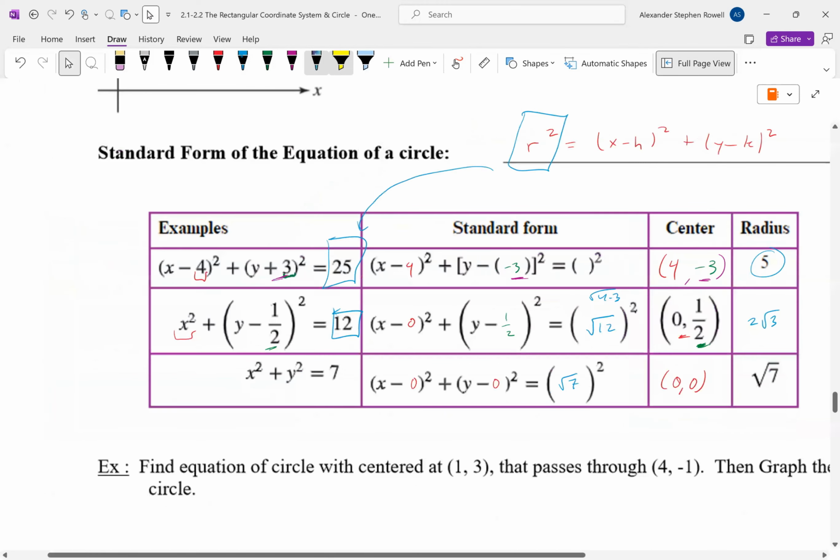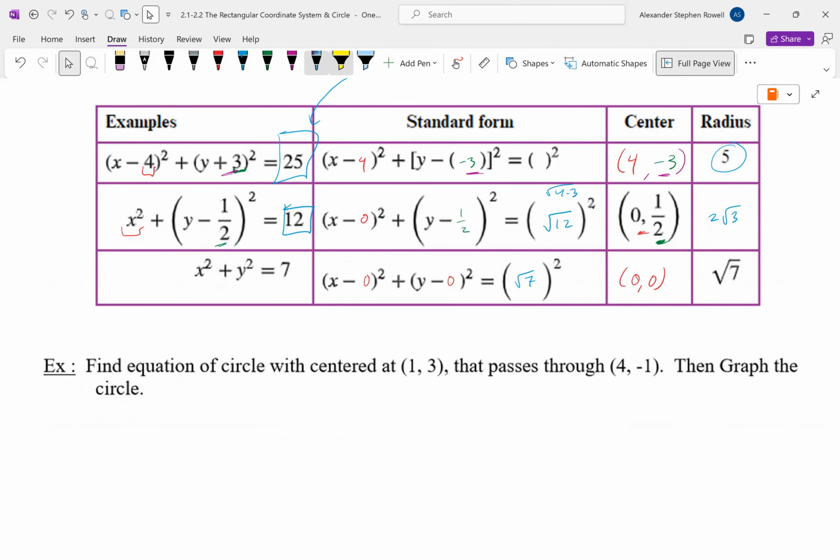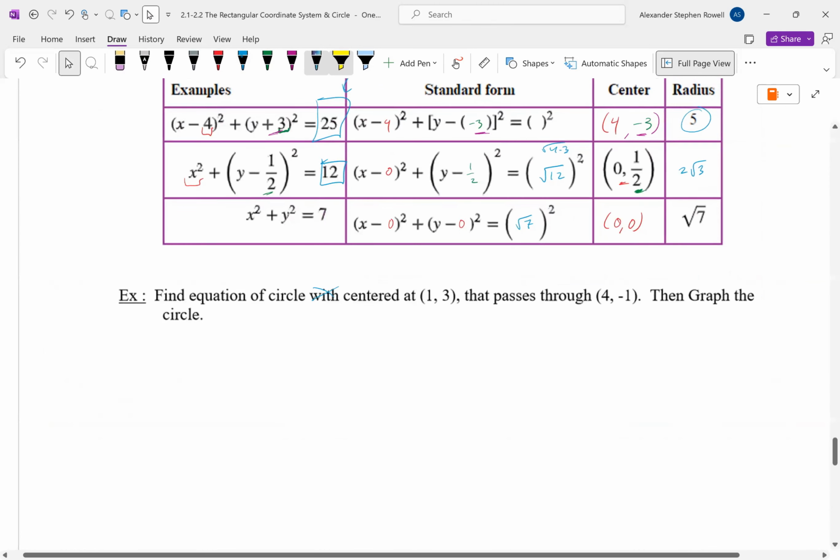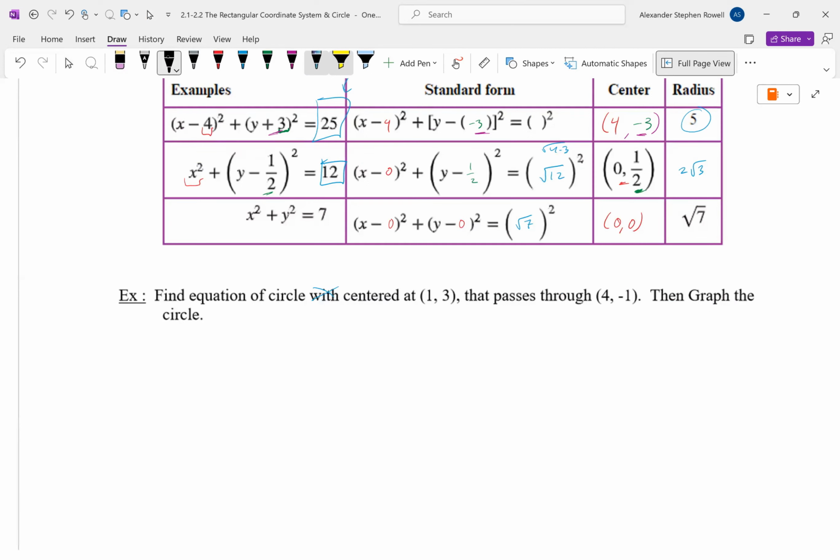Any questions about this? Find the equation of a circle centered at (1, 3) that passes through (4, negative 1). Then graph the circle. Do we know, for the equation of a circle, (x minus h) squared plus (y minus k) squared is equal to r squared, h, k, or r? (h, k) is the ordered pair where it's centered.